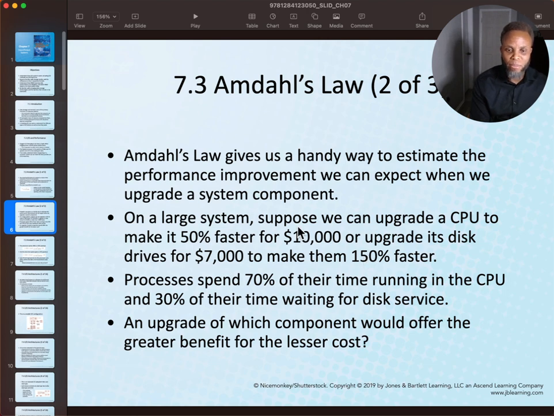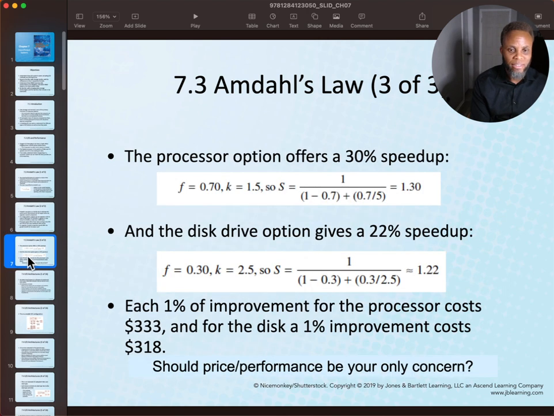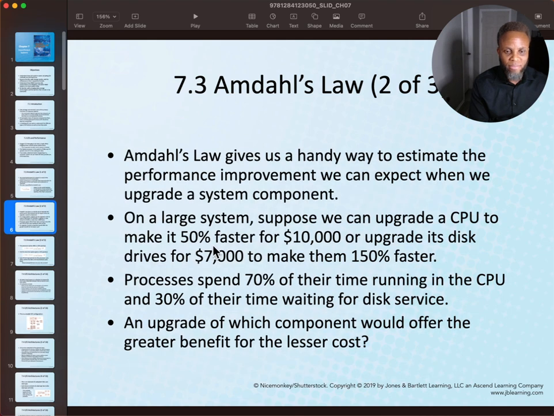Right, that's where Amdahl comes in. So Amdahl says S is equal to 1 divided by (1 minus F plus F divided by K). So if you plug in the numbers, let's think about this again.